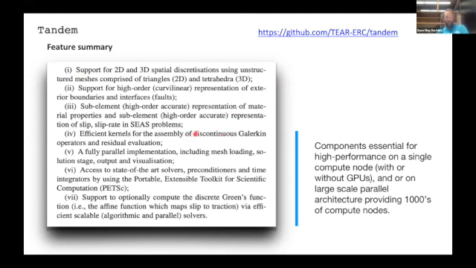We have efficient kernels for the assembly and the sparse matrix-vector products for the DG kernels using a library that Carsten developed called Yateto. It's a fully parallel implementation. So everything from loading the mesh, writing the output, running the simulations, that's all done in parallel. We use PETSc, the Portable Extensible Toolkit for Scientific Computing, to give us the linear algebra backend. And we also have this option to compute discrete Green's functions. The code gives us good, high performance results on single compute nodes with or without GPUs and large scale HPC architectures.